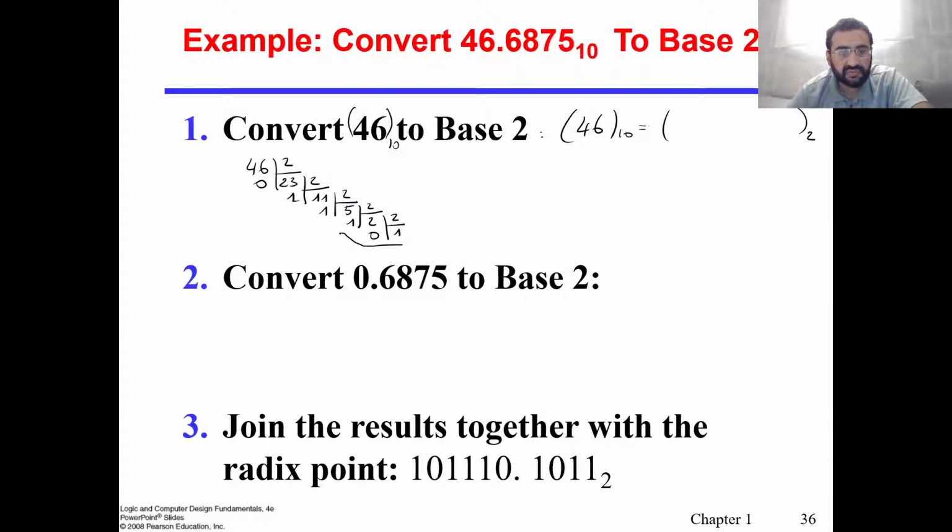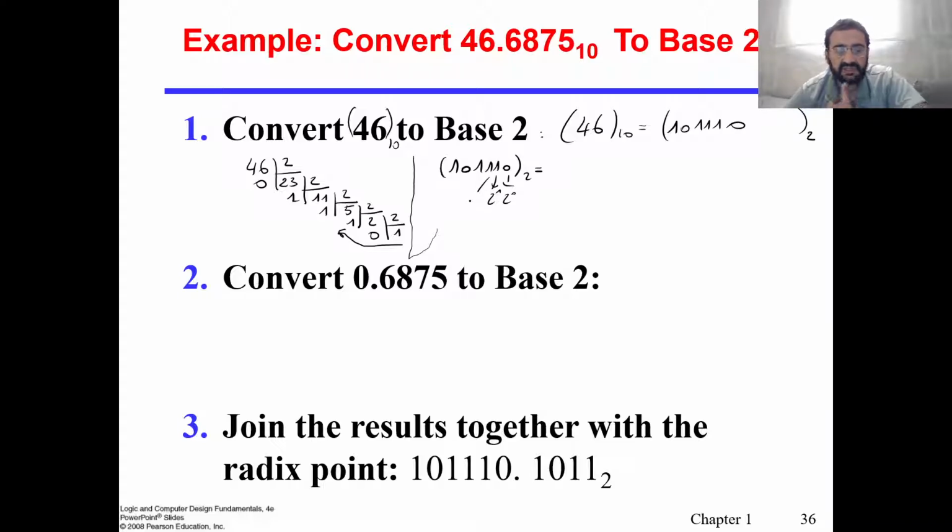And now we need to write the result in reverse order from 1 until 0. So the result will be 1, 0, 1, 1, 1, 0. This is the result. Of course, if you want to verify the result, we need to make the opposite conversion. We will do it here. If you want to convert this to decimal, this is 2 to the power of 0, 2 to the power of 1.